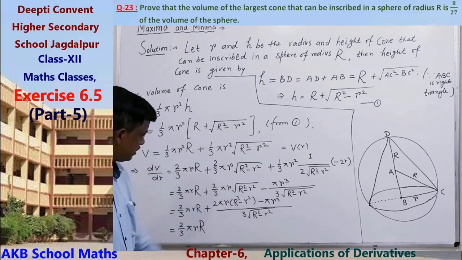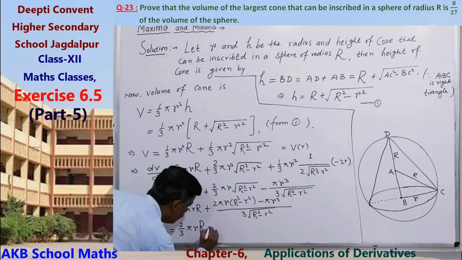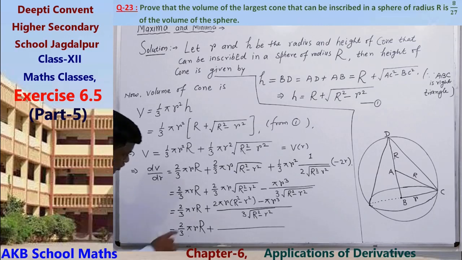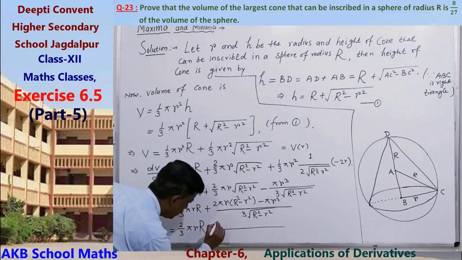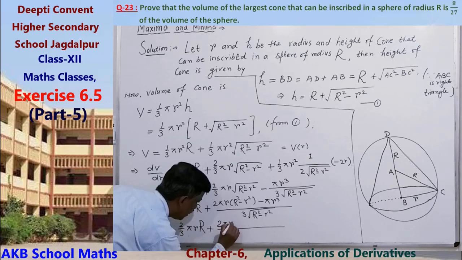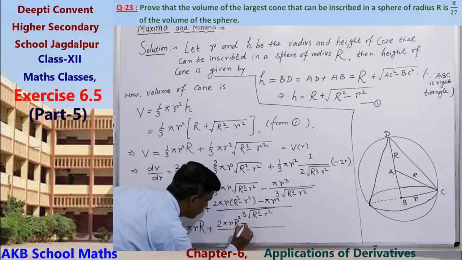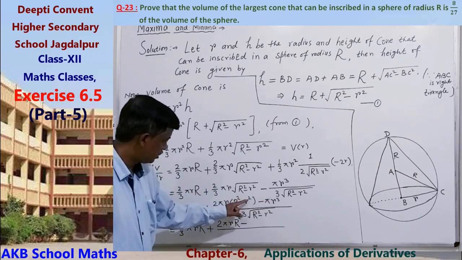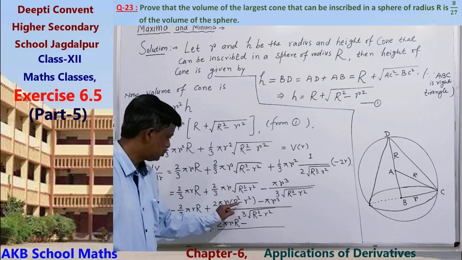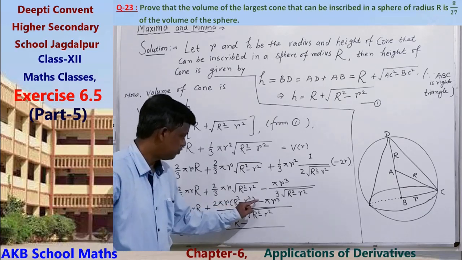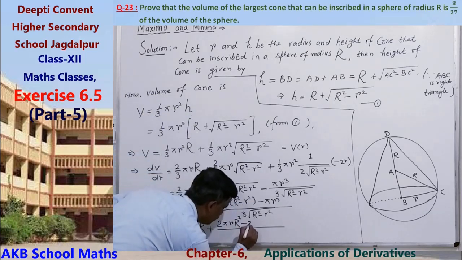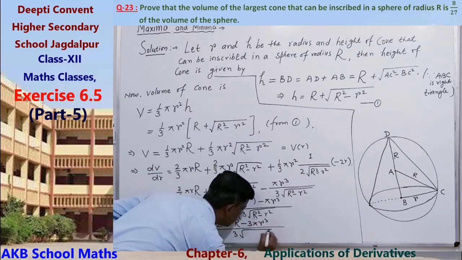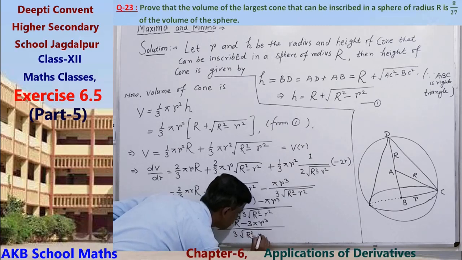From here we can see that the value will come like this: 2 pi R square r minus 2 pi r cube minus pi r cube, that is 3 pi r cube, upon 3 root of R square minus r square.